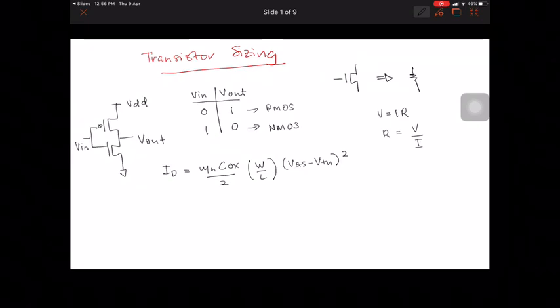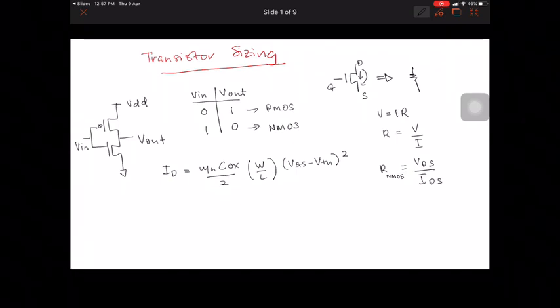So if we look at your transistor, this is an NMOS, this is the drain, gate and source. The R of the NMOS is the voltage across the drain and the source, and the current here is IDS.